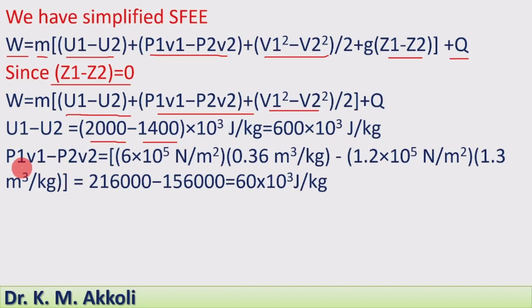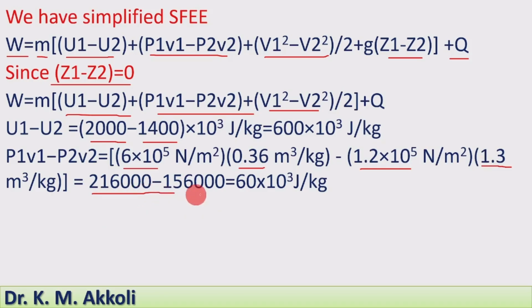Then change in flow work, P1 V1 minus P2 V2. P1 is 6 into 10 raised to 5 and v1, the specific volume, is 0.36, minus P2, which is 1.2 into 10 raised to 5, and specific volume is 1.3 meter cube per kg.